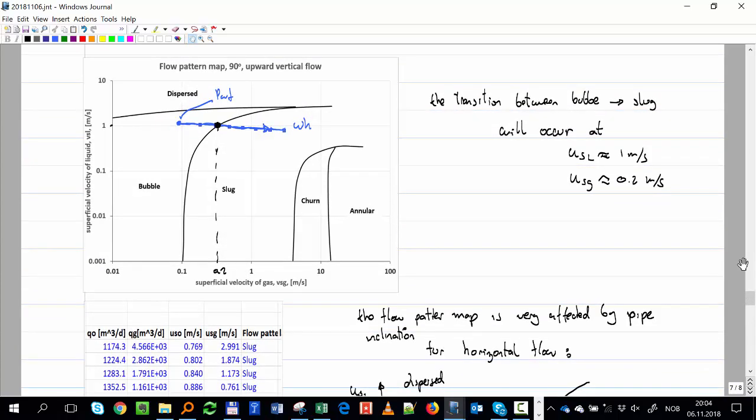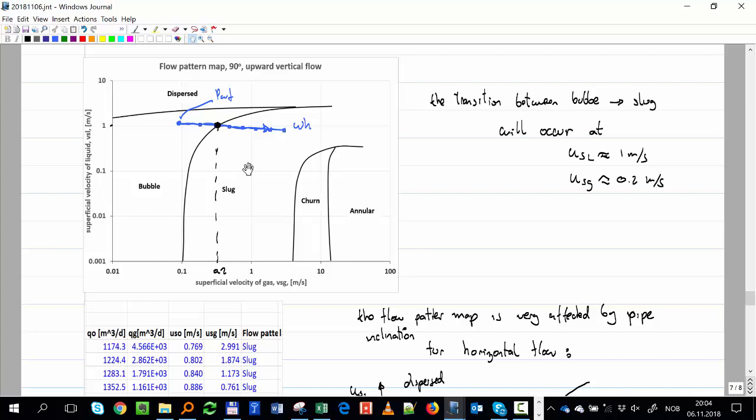It's not exactly, because the amount of gas and the amount of liquid are going to change, so you cannot just stay in one flow pattern. But I'm saying that it's not that if you have annular or bubble, it's bad. Here you have more friction and less density, but here you have more density and less friction. So if you take, for example, one point on both, they can give you the same delta P. And slug, you have this problem that it is intermittent, so it's not something that we like.